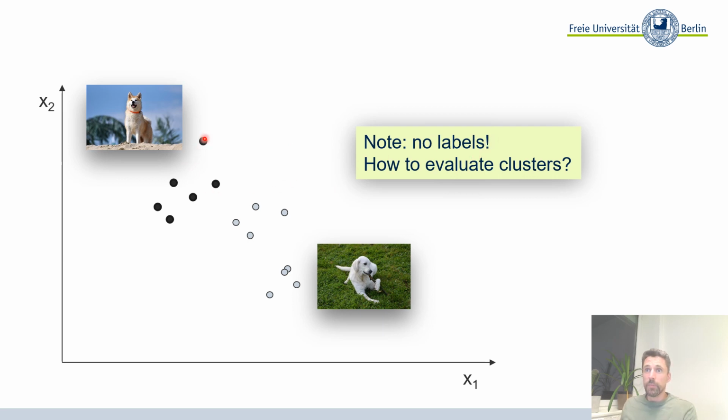So this first cluster may correspond to, I don't know, that species of dogs with those pointy ears and the brown fur, and that cluster here may correspond to white dogs, but we don't really know because we don't have any labels. Could also be that this is a cluster of dogs with blue background, and this cluster is of images of dogs on grass or on green background.